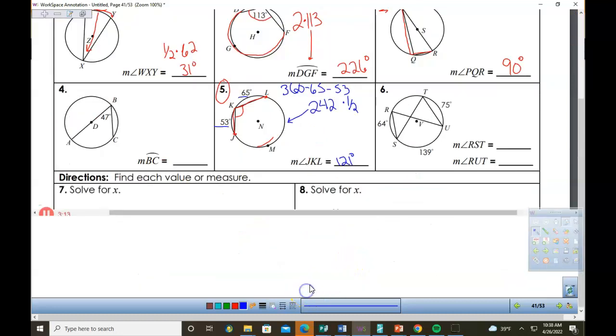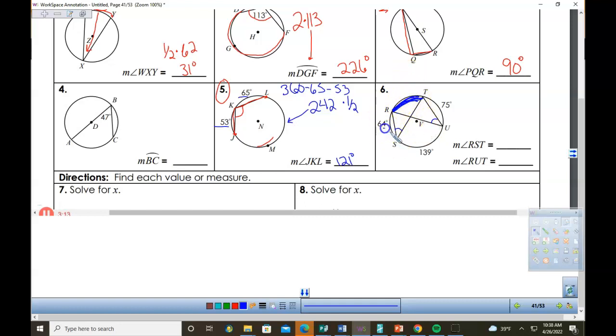Alright, let's take a look at number 6. On number 6, we have RST and RUT. Now both these intercept the same arc, so they're both going to be congruent, because both these angles intercept that arc.